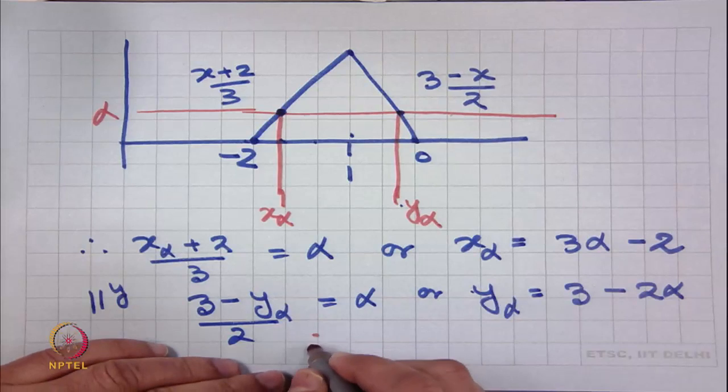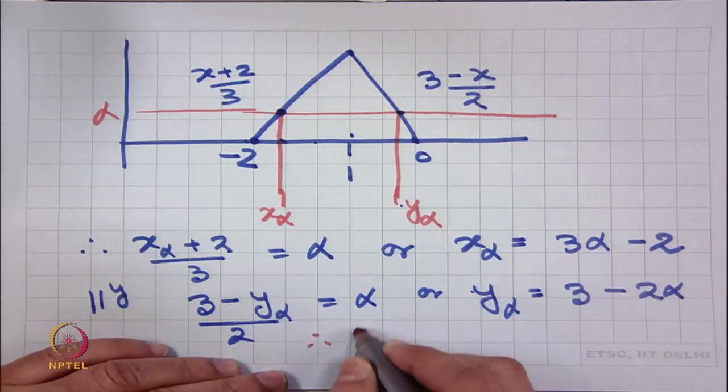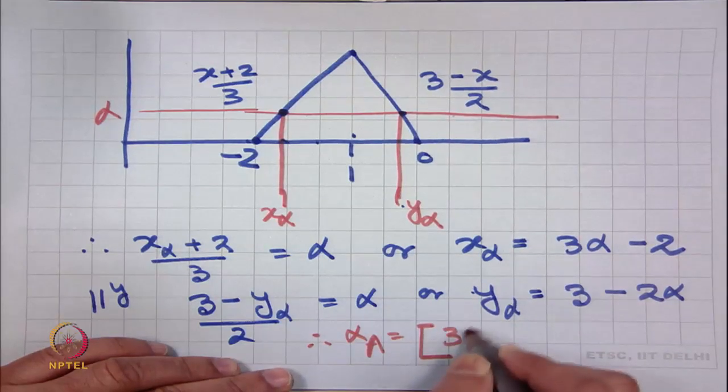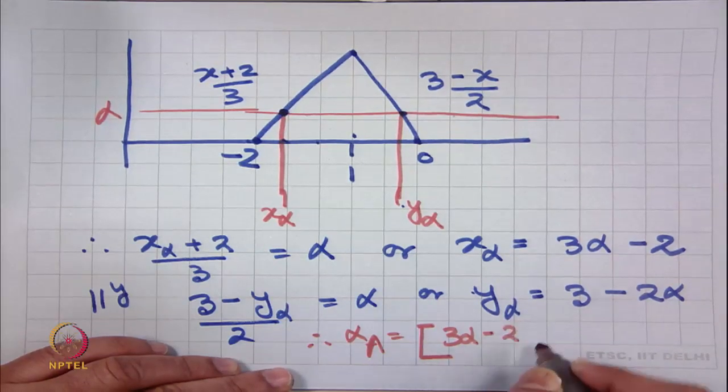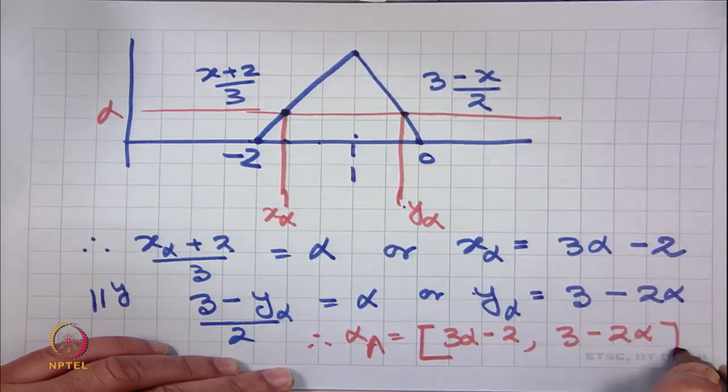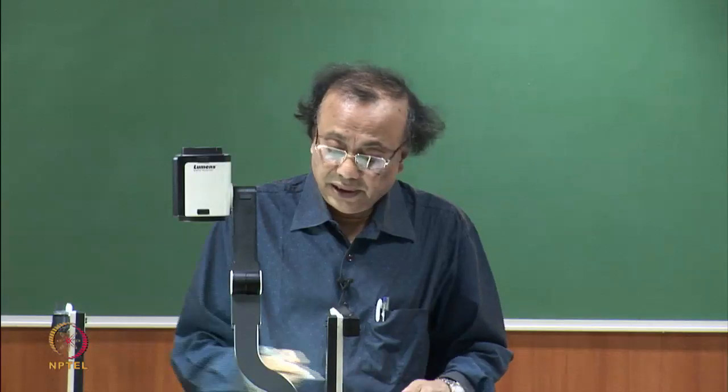Therefore, the alpha cut of A is equal to the interval [3 alpha minus 2, 3 minus 2 alpha].